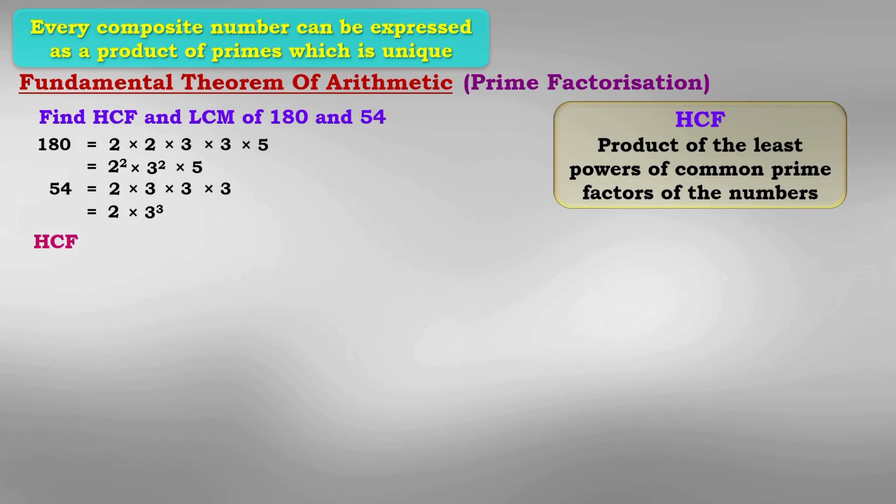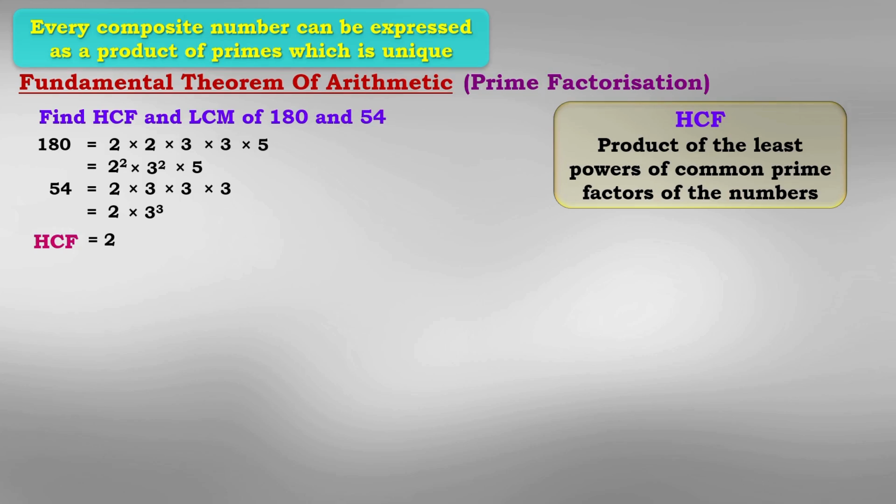So for this case, what will be the HCF? Since 2, 3 and 5, if you take a look, for 180 there are 3 prime numbers, and for 54 we have 2 prime numbers, 2 and 3. Since 5 is not there in both the numbers, we will not consider 5. We will only consider the prime numbers which are common between the numbers. So 2 and 3 are common, and for the exponent part we will take the minimum one.